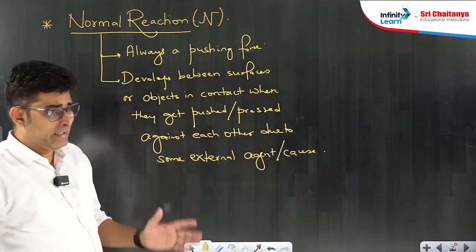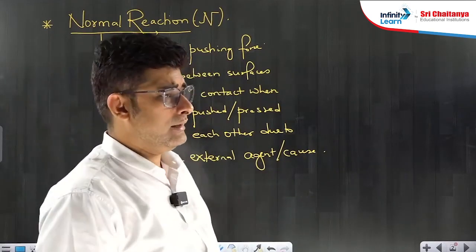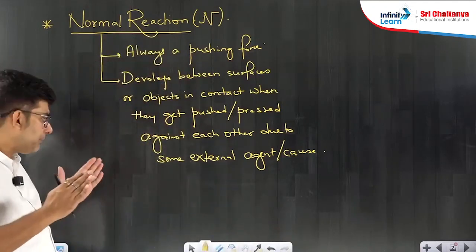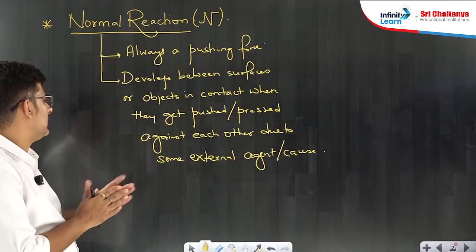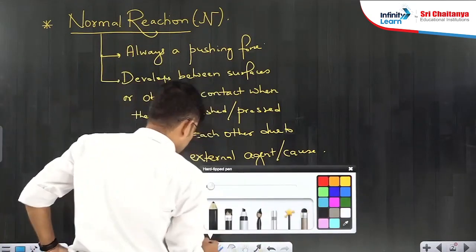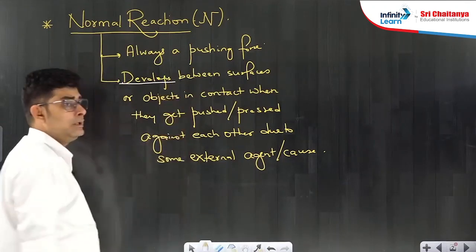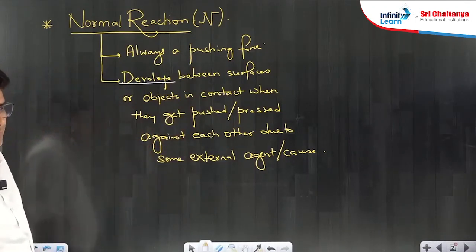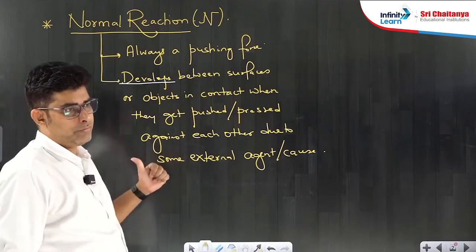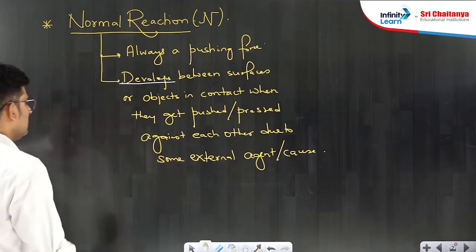So if by any chance you see that two objects or two surfaces get pushed or pressed against each other, then only this force will develop. I am again stressing the word: remember it's not always present, it develops. Understood? So some external agency would be trying to push the two surfaces or objects against each other.